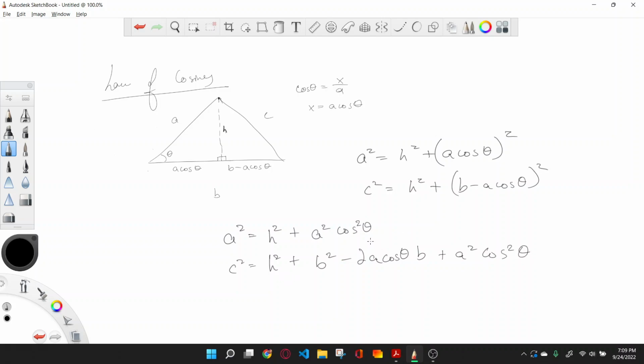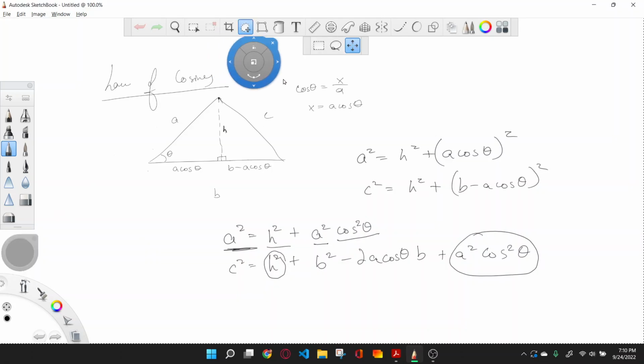So now notice that A squared cosine squared theta plus H squared equals A squared. And we have those two terms here. I'm going to make everything smaller again.